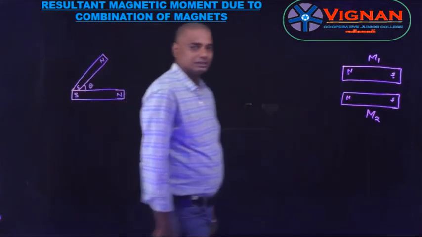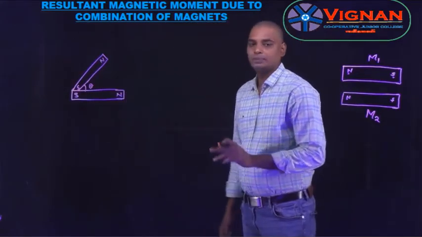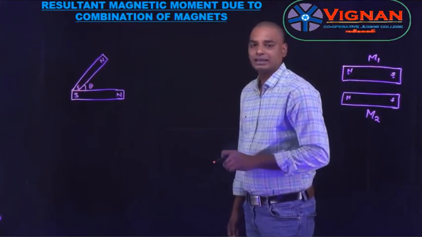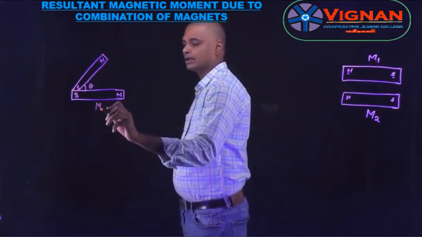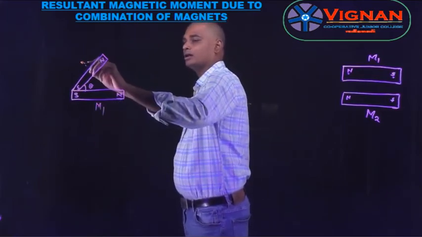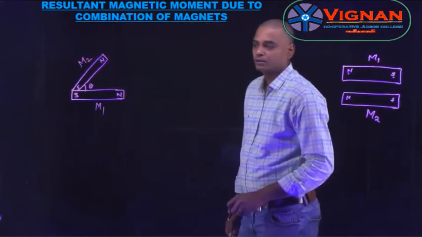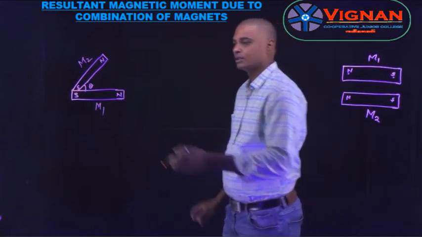So you can see the two like poles touch each other such that they make an angle theta. Let the first magnet have a magnetic dipole moment M1 and the second magnet a magnetic dipole moment M2.